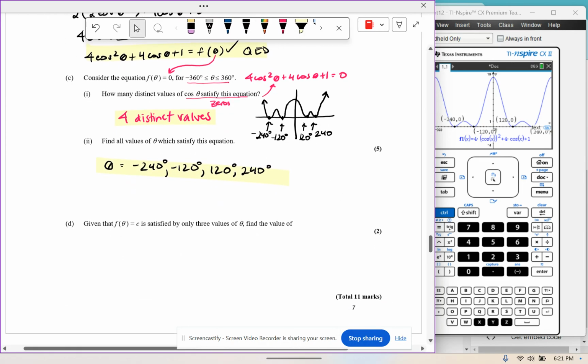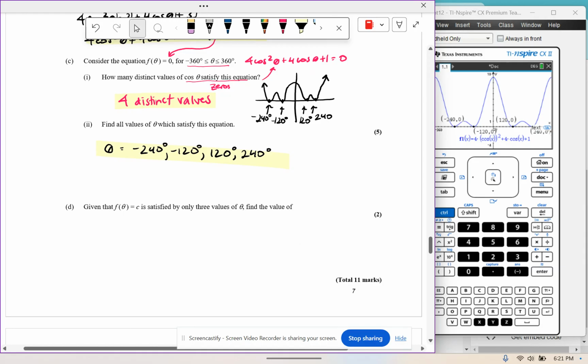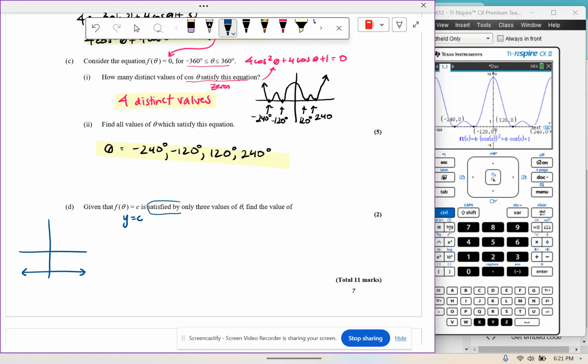Okay, then it says, given that f of theta equals c, so that's going to look like a y equals c, some horizontal line, right? We've got to figure out what that equals, so that the equation is satisfied by only 3 values of theta.